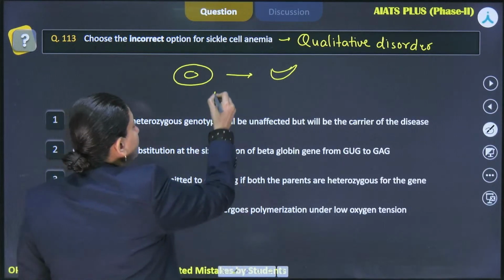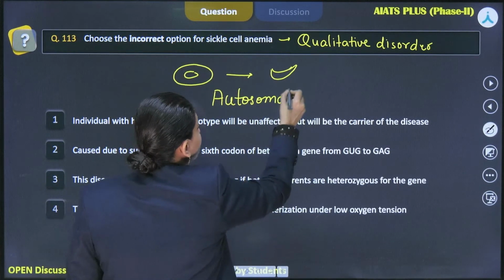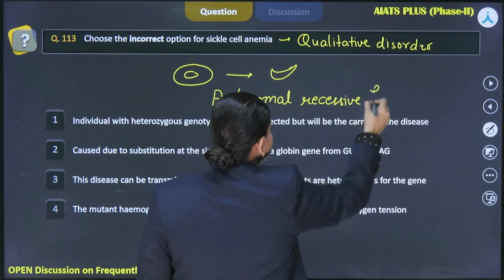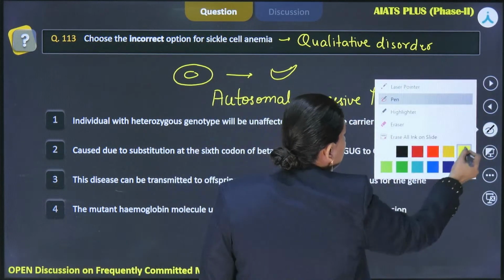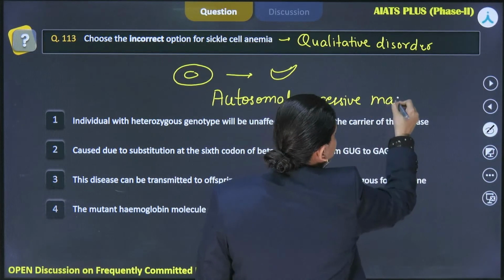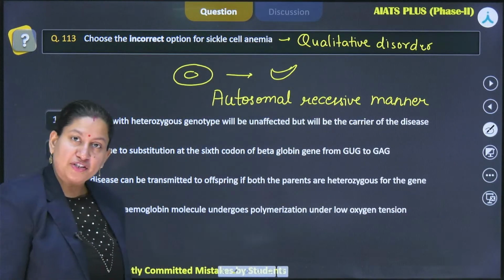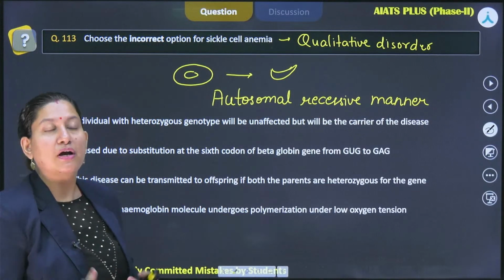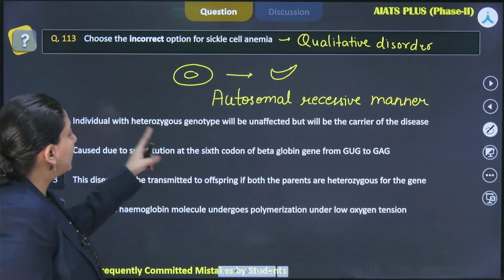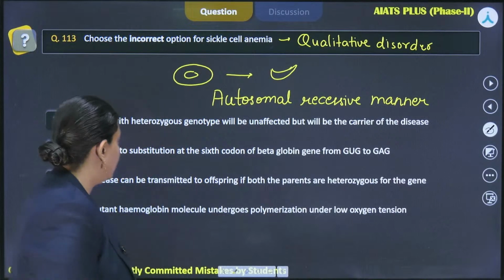So this disorder is inherited in an autosomal recessive fashion, right? So if it is autosomal recessive, that means all the affected individuals are going to be homozygous recessive for the trait. So it is saying that an individual with heterozygous genotype will be unaffected but will be the carrier of the disease. So this is true.